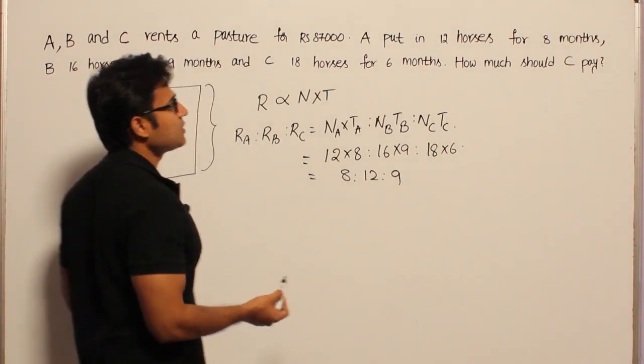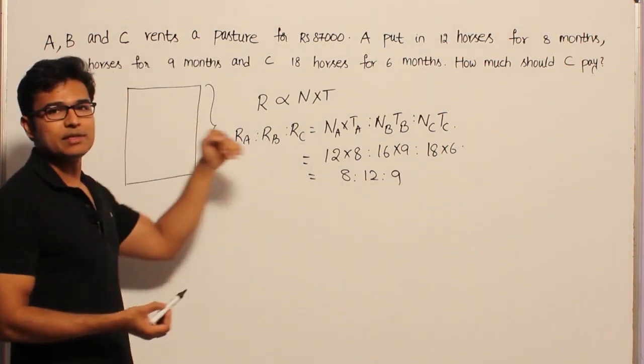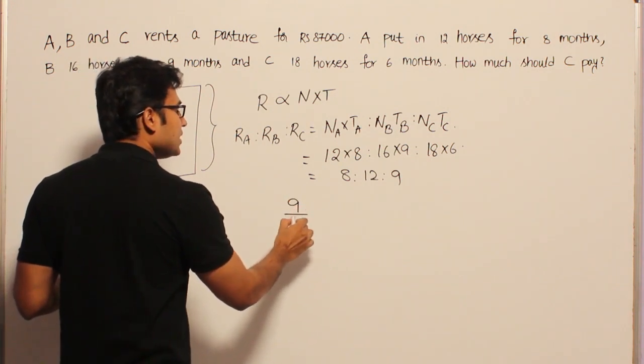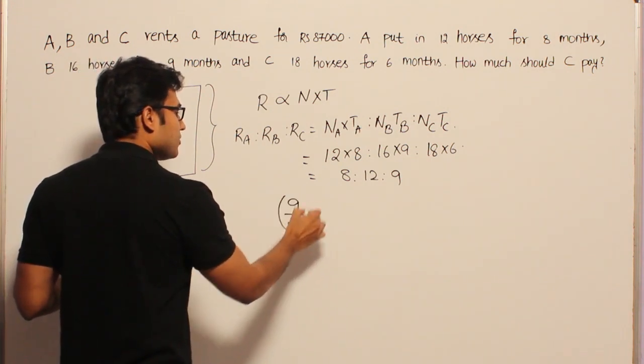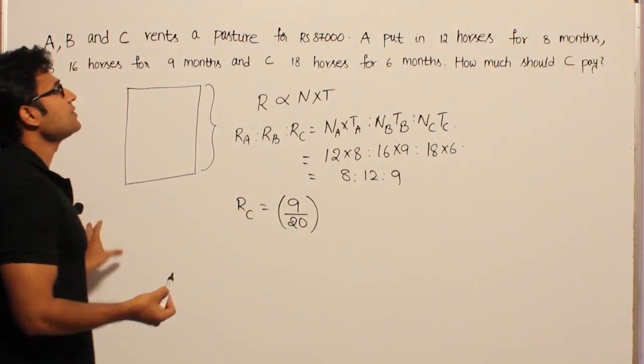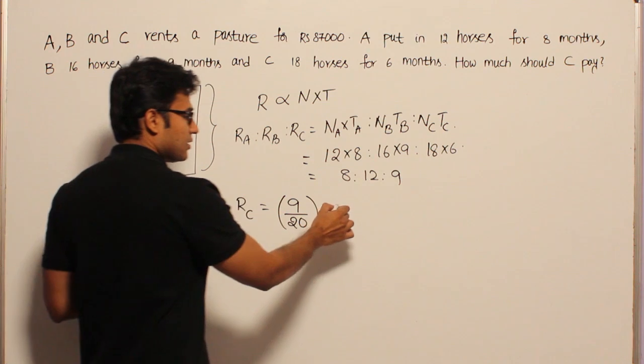Okay, so what is the question? How much should C pay? So out of 29 parts, C is supposed to pay 9 parts, and the total rent is 87,000 rupees, right?